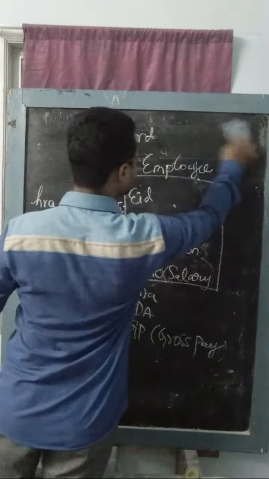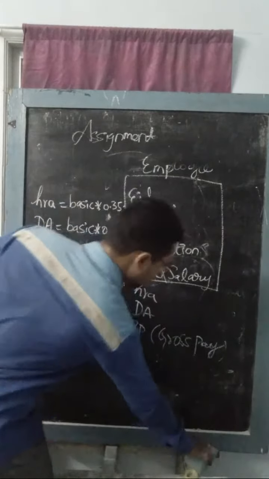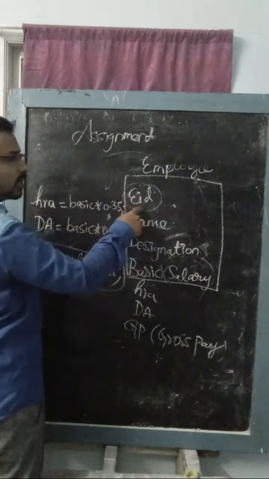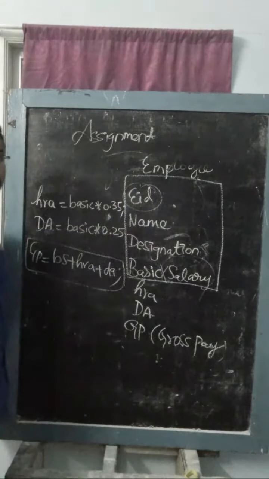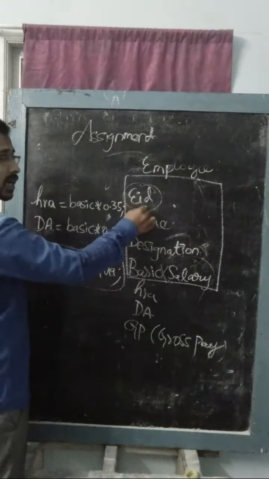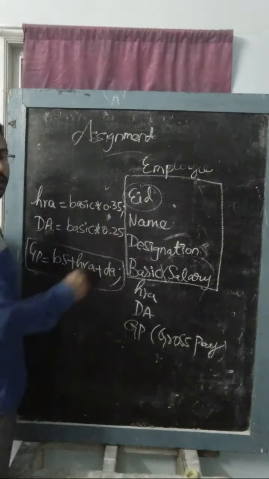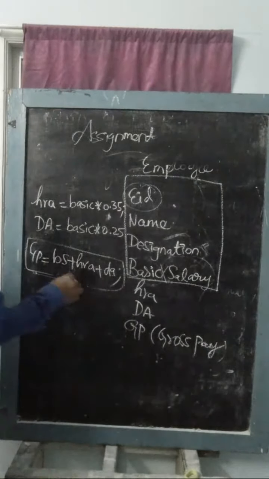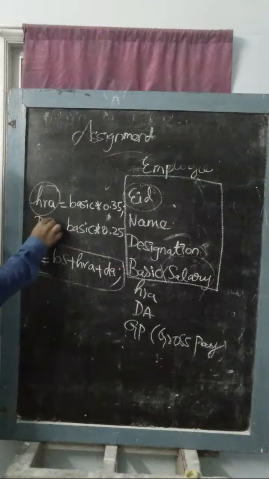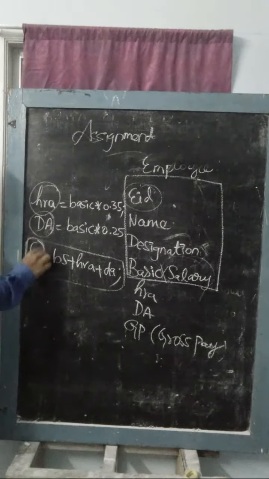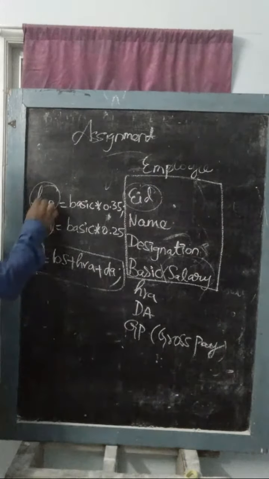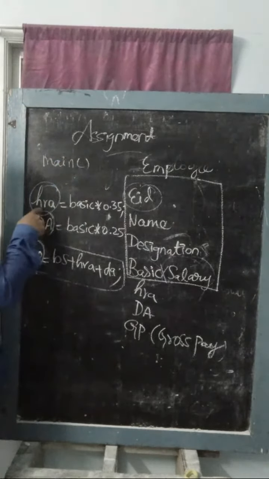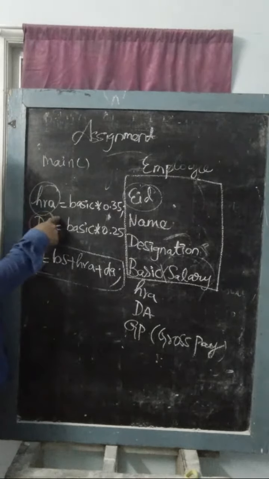The next thing I want to clear up is EID. EID is a variable. It is an element of the structure employee. So whenever we are accessing EID, you should create an object, and with the help of the object only you have to access it. But in the case of HRA, DA and GP, these are all coming under main, so we don't want to use object.HRA here.